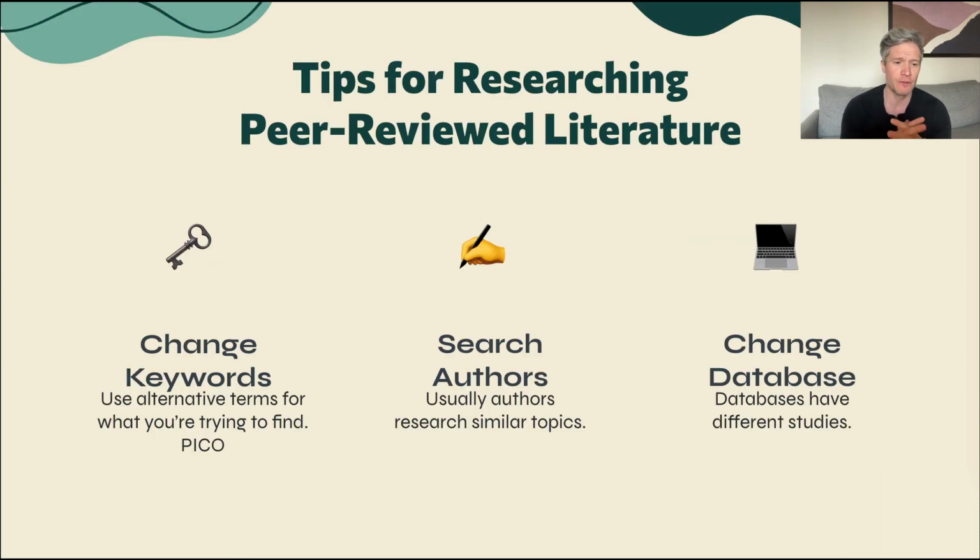So a few of those approaches come from, well, the first one is changing the keywords that you use in your search terms. Now, you might have noticed when you're doing your library database searching that there was a very specific process you needed to do and come up with very specific keywords.